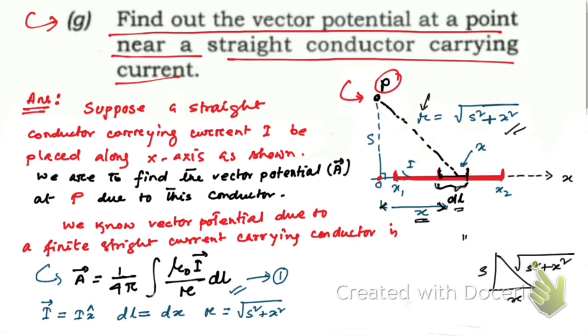Now we know current is a scalar quantity, but let me assume it as a vector, so that I can write I x cap, because the conductor is along the x direction we have taken. So we can replace dl by dx, right? And r is equal to root over s square plus x square.